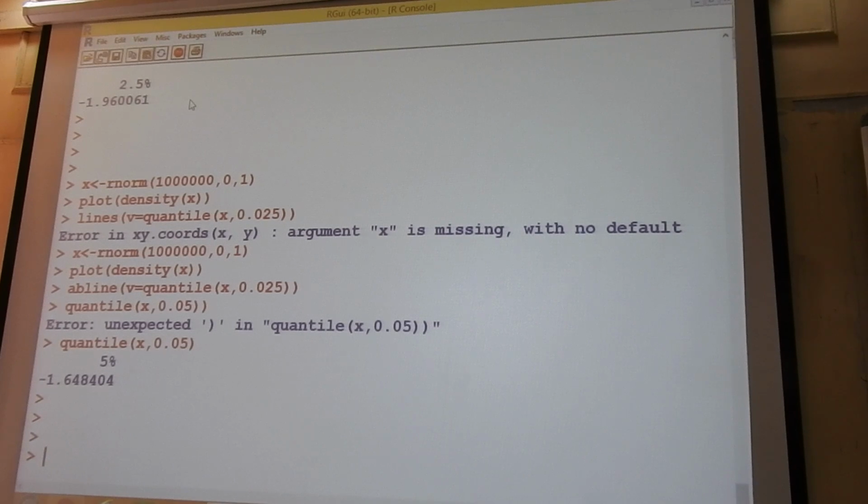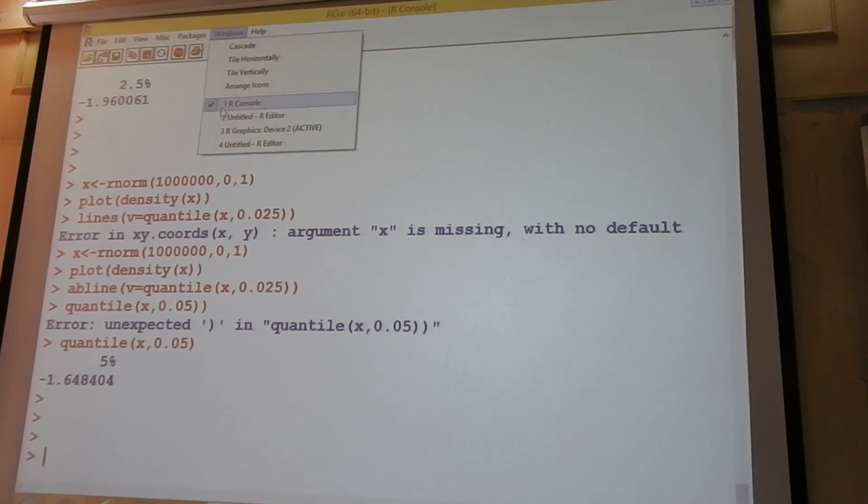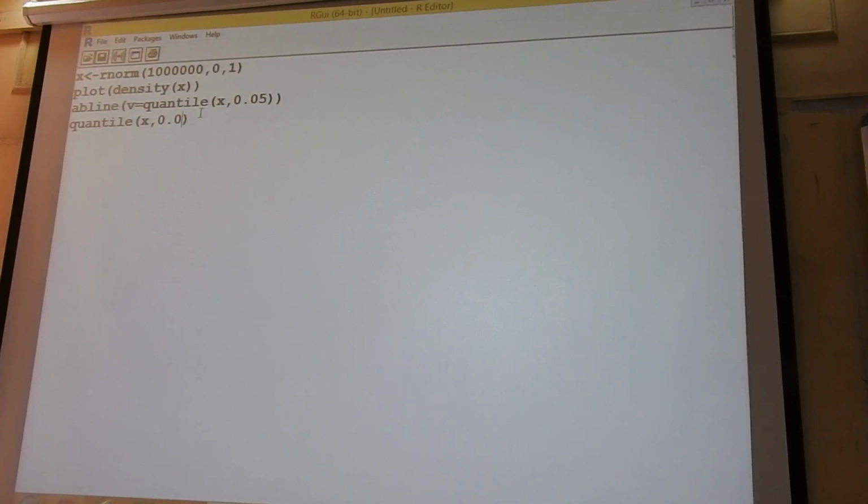Now suppose I wanted to draw a line such that 2.5% of the distribution was to the right of that line. What kind of a command will I have to give here? 0.975. Perfect. Because if 2.5% is to the right, 97.5% has to be to the left.